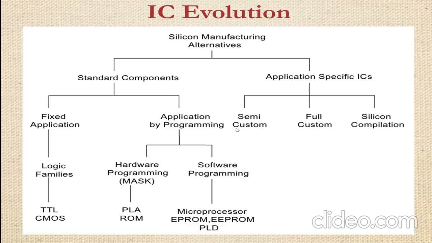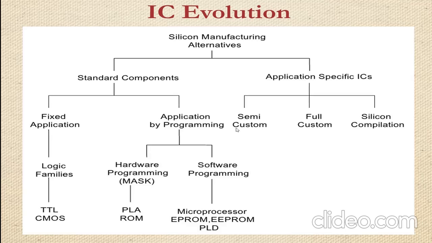So these are software programming devices, and PLA and ROM are the hardware programming devices. Once these are programmed during the fabrication process, the program cannot be changed, whereas in the second category we can change the program at any time through the different programmers.